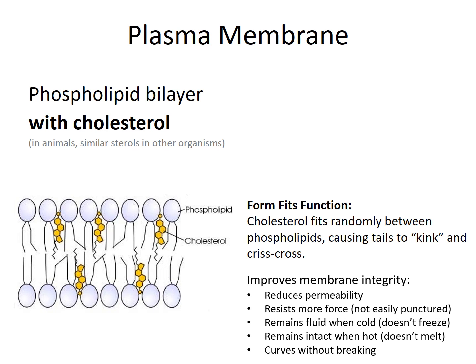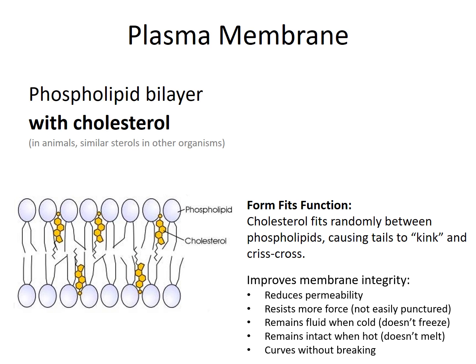This improves membrane integrity. This crisscrossing formation, packed tight, made tighter by cholesterol, reduces the permeability of the membrane.